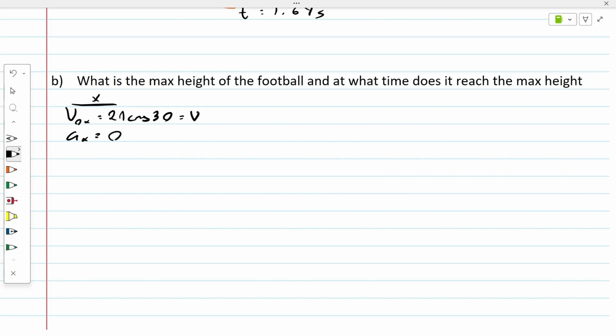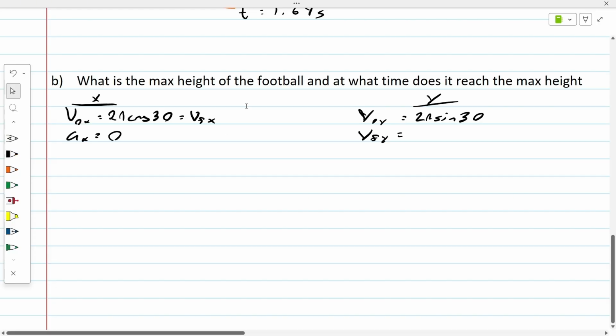So this is still going to be the x final in the x direction, which in this case is at the max height. But in the y direction, we have the velocity initial in the y equal to 20 sine of 30. But what is the velocity final in the y direction?